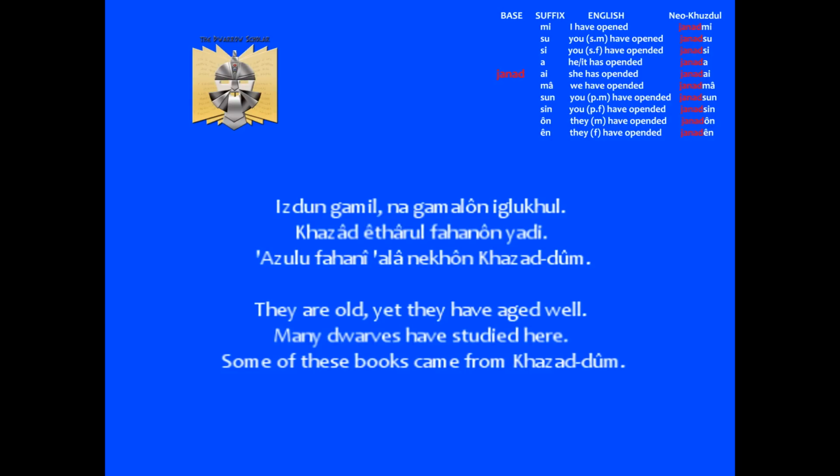Nor does it have three radicals, it has two of them. For the time being, it suffices that you know that these base forms can have two or three radicals, like most Khuzdul words. And in the perfect can either have A, E, or U vowels. For this lesson, we'll focus on the most frequent form, those with three radicals and A vowels, like Janad, Gamal.